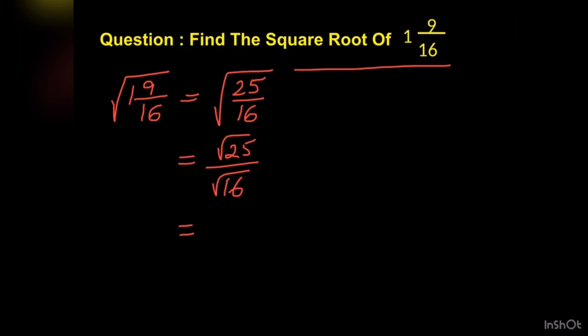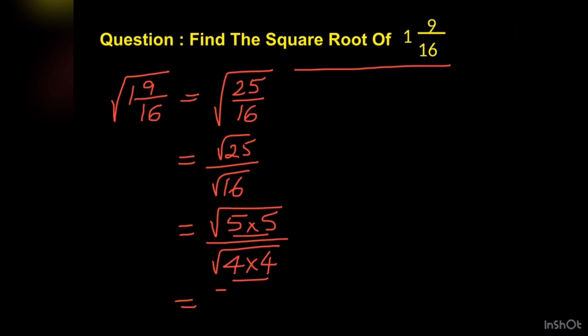And this is equal to, we can write 25 as 5 times 5. 5 times 5 gives 25. Divided by 16, we can write it as 4 times 4. 4 times 4 is 16. Now pair the same factors and take, in the next step, one factor out from each pair. So 5 by 4, which can be written as, in mixed fraction, 1 1 by 4. Therefore, square root of 1 9 by 16 is equal to 1 1 by 4.